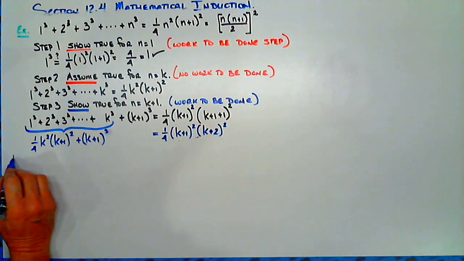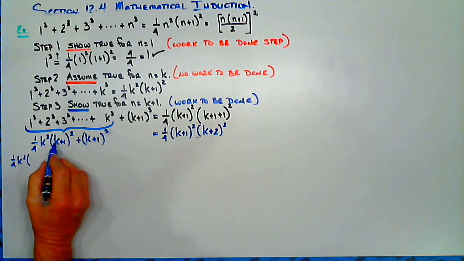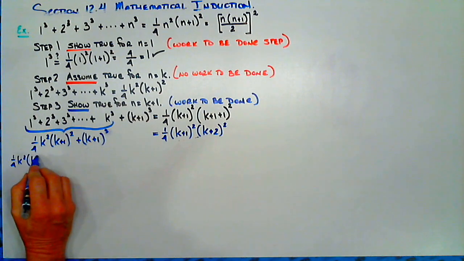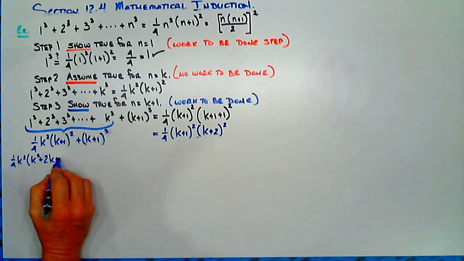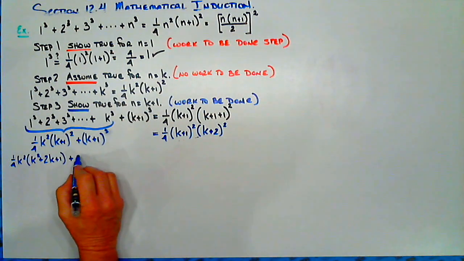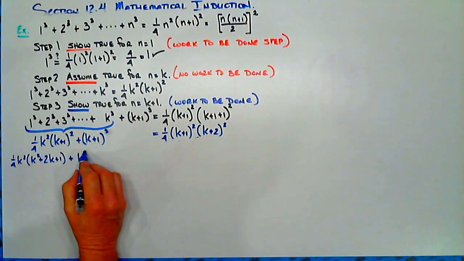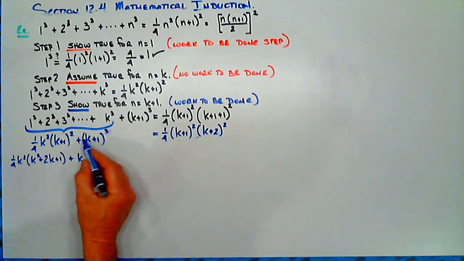This is going to be what? It's going to be 1/4 k squared. k plus 1 squared is k squared plus 2k plus 1, isn't it? Now, k plus 1 cubed, we know what that is. That's k cubed, right? Because this is Pascal's triangle.